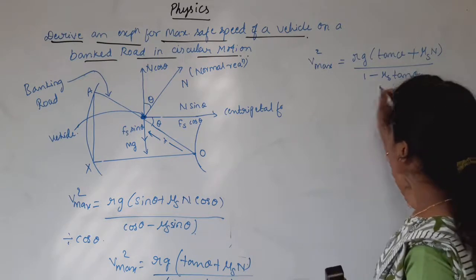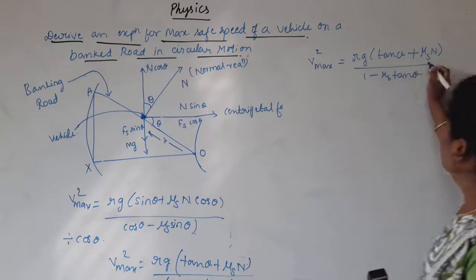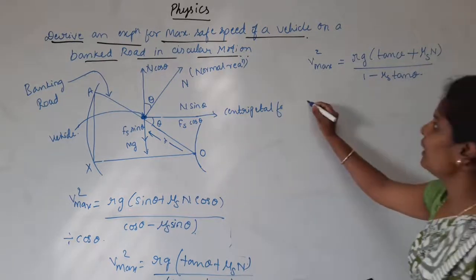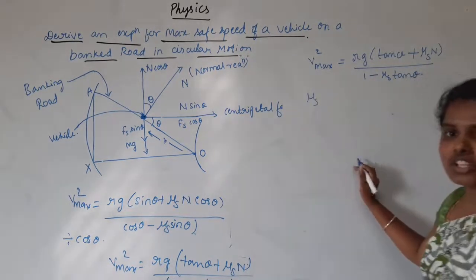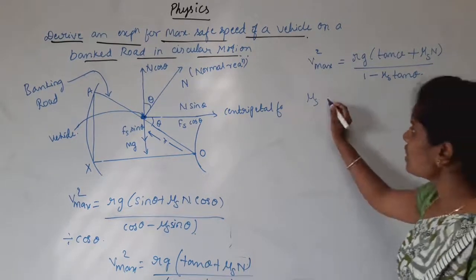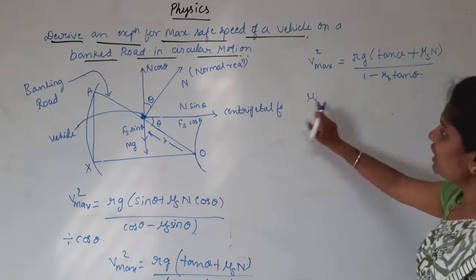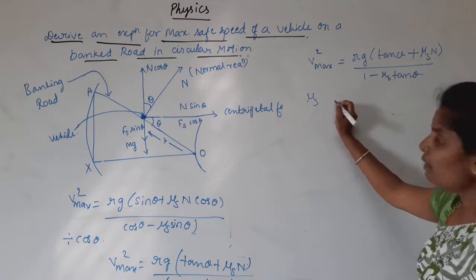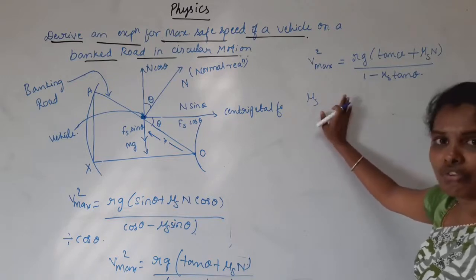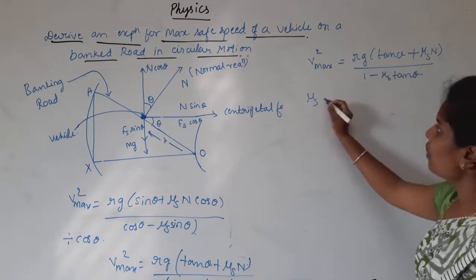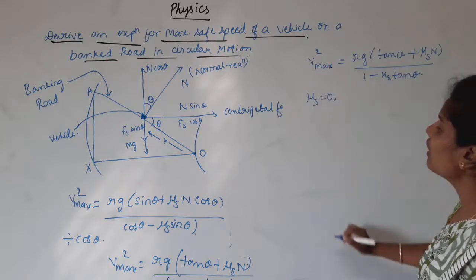Here, when mu s is 0, why? Because there is no friction in this state, therefore mu s equals 0.